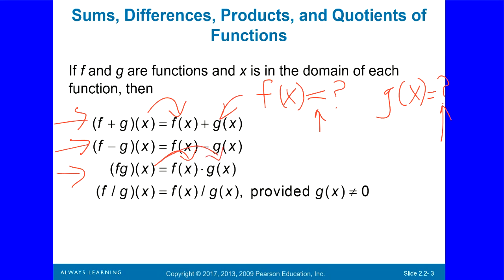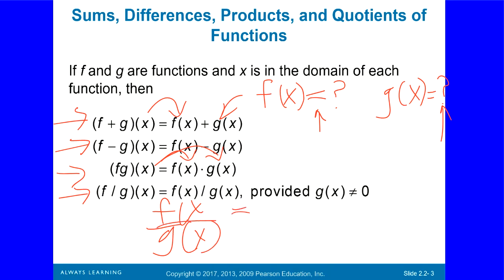Then I would take everything after the equal sign for f, and everything after the equal sign for g, and just multiply it. And then if I needed to divide, I would take everything after the f and after the g.